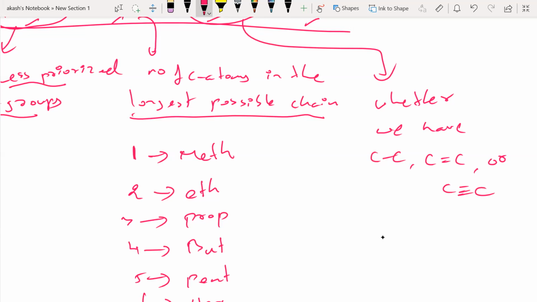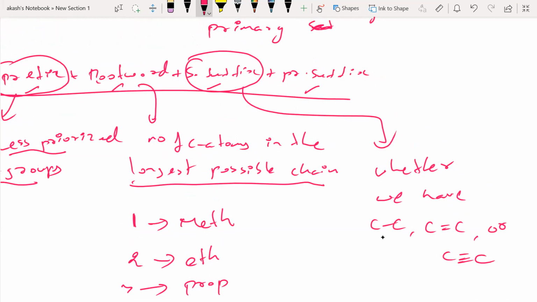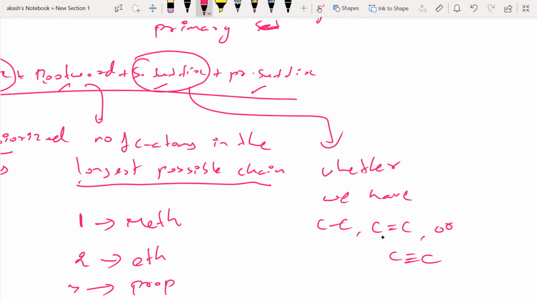Whether we have C single bond Cs only, or any C double bond C, or any C triple bond C, that is indicated by your secondary suffix part. Very important. And it's very easy to understand also.